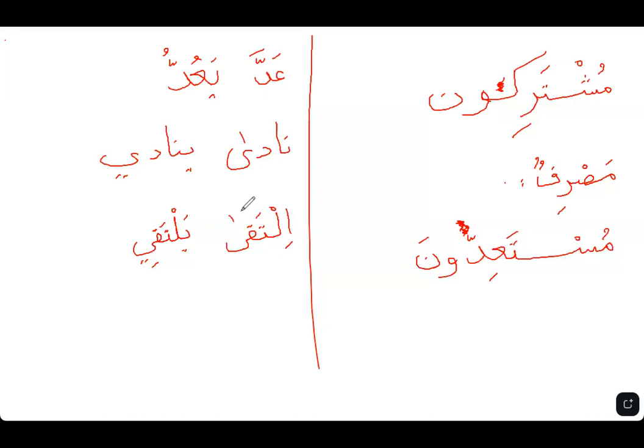What does that mean? التقى يلتقي. أحسنتم. التقى means he met. When you meet somebody, you say iltaqa. He met. Iltaqa bihi. He met him, or he met with him. And yaltaqi, he is meeting him.